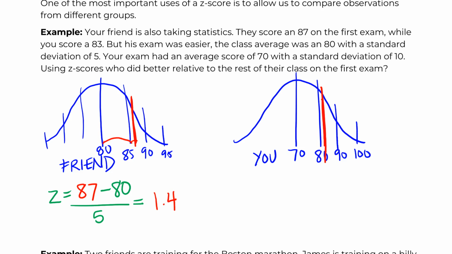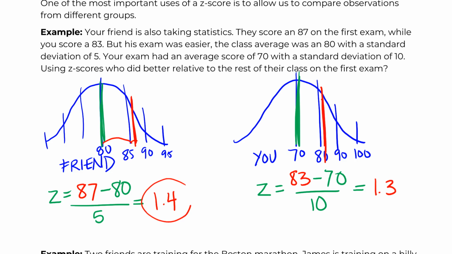Whereas for you, the z-score is, we've got that 83 minus the 80 divided by 10. Oh my god. Why am I writing in wrong? It's because the means are not even looking central on these things because I do such a bad job of drawing my curves. The mean is 70. So in this case, we end up with a 1.3.